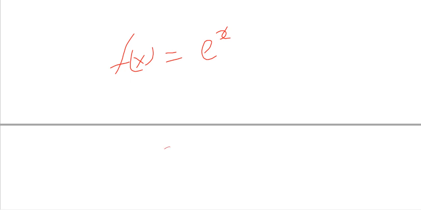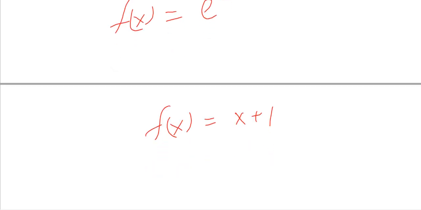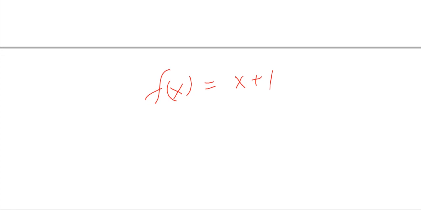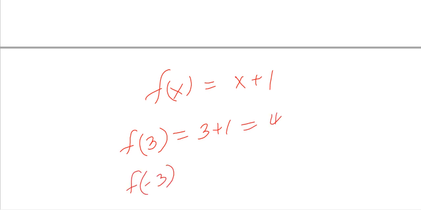If you have a function like f of x is equal to x plus 1, this function is not odd, neither is it even. When you try with a value, f of 3 is 3 plus 1, which is 4, but f of minus 3 is minus 3 plus 1, which is equal to minus 2.